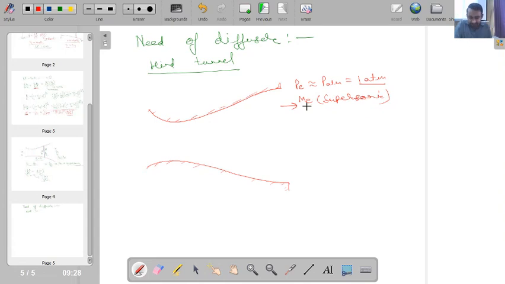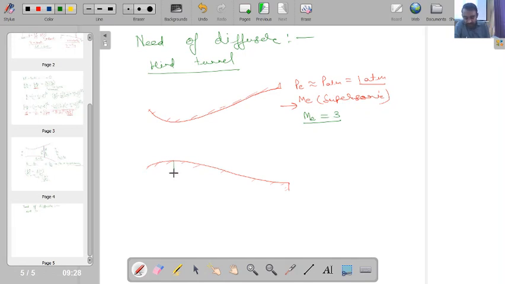Let's compare some numbers for different situations. These should be based on some fixed criteria. So I select the Mach number I want to maintain at the exit as 3.